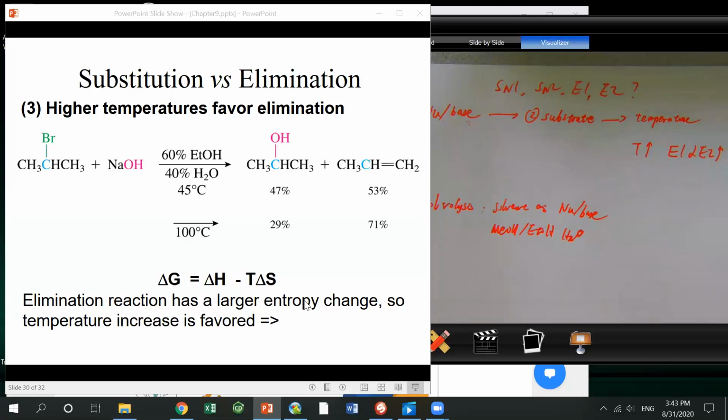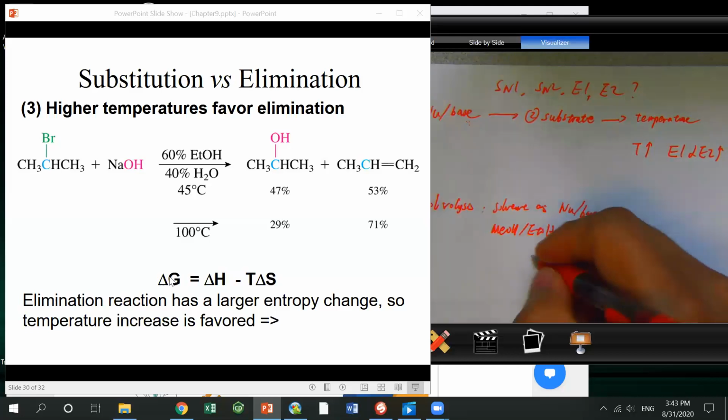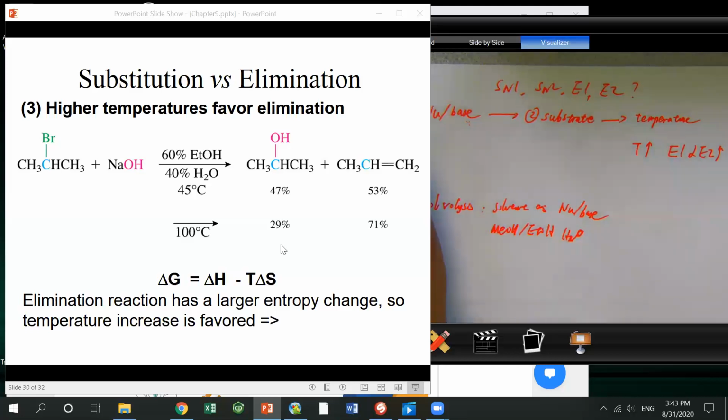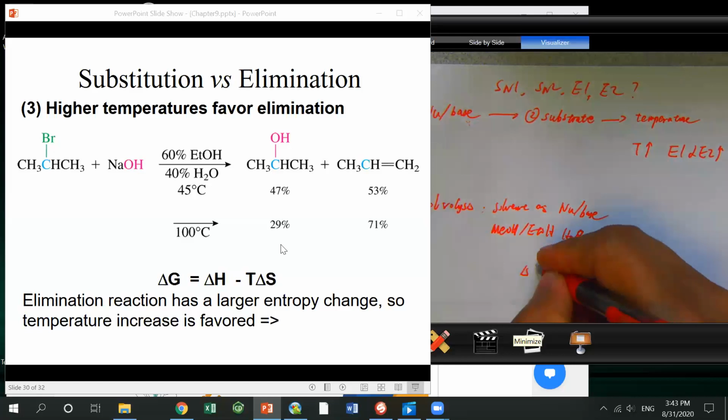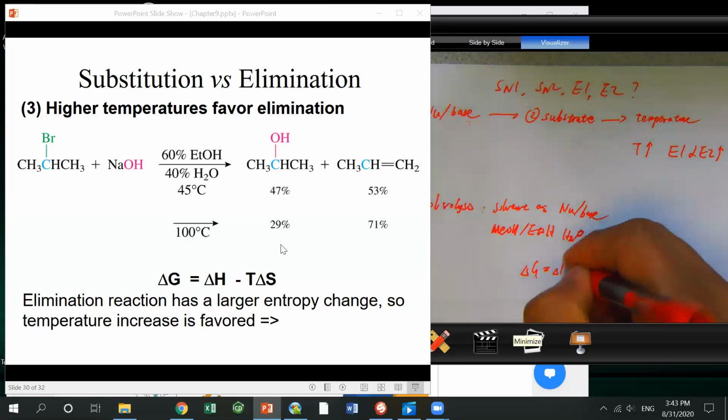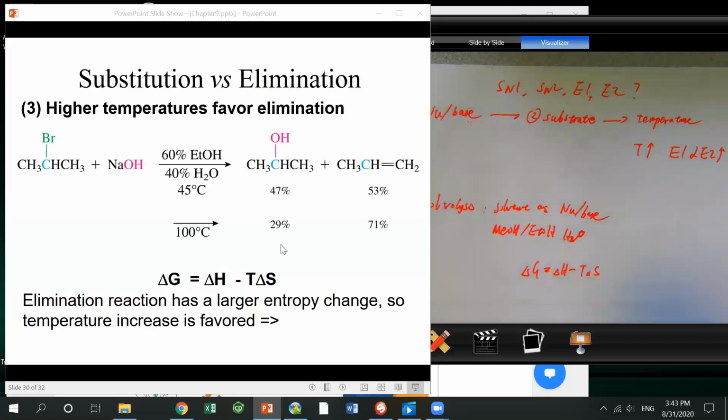So why is that? Because that's related to the free energy calculation: delta G equals delta H minus T delta S. For SN2 reactions, there's no delta S change, no entropy change.